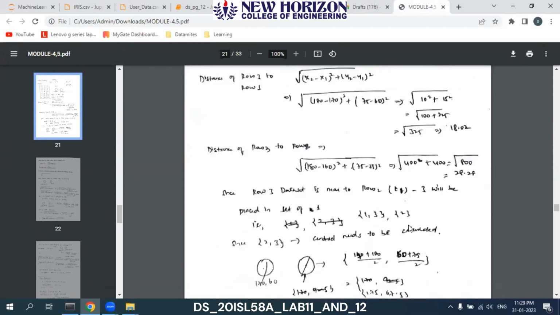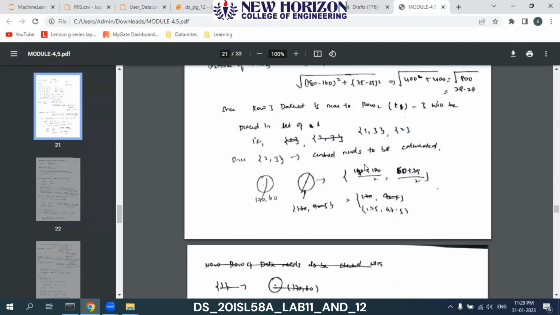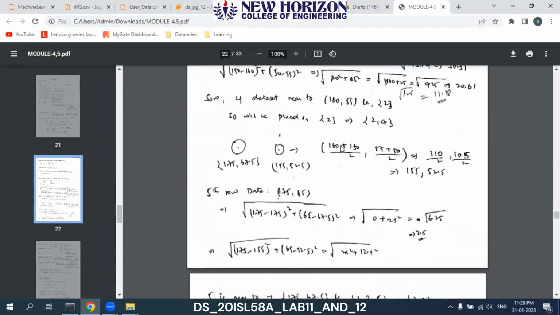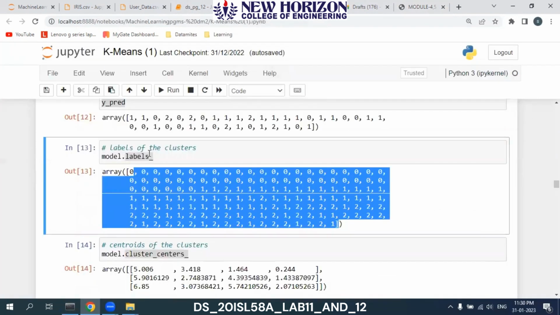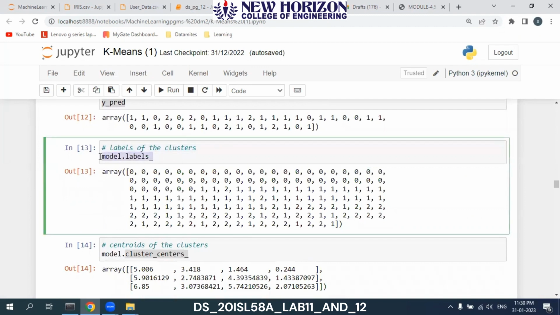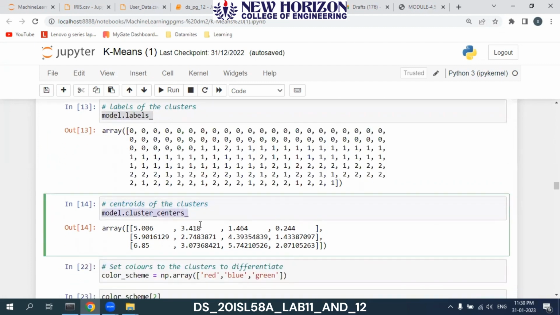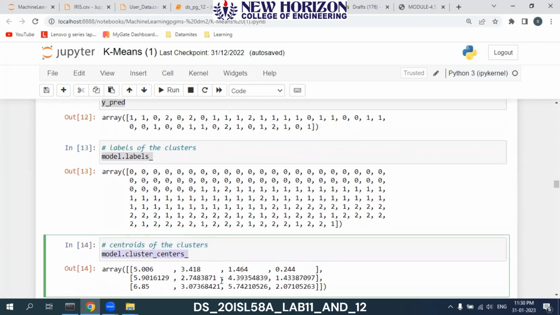Now wherever you are calculating your centroid value, like (x1 plus x2) by 2 and (y1 plus y2) by 2, the centroids are retrieved using model.labels_, which represents one coefficient, and it will display the clusters. And the next one, model.cluster_centers_, will usually display the centroid values.